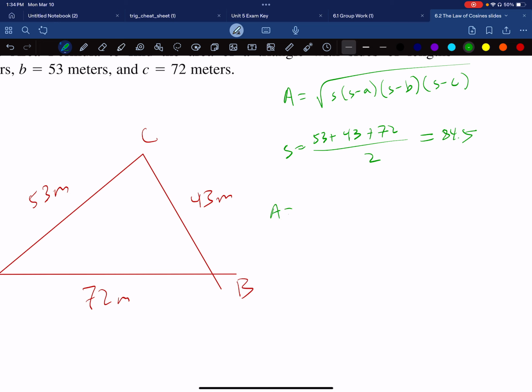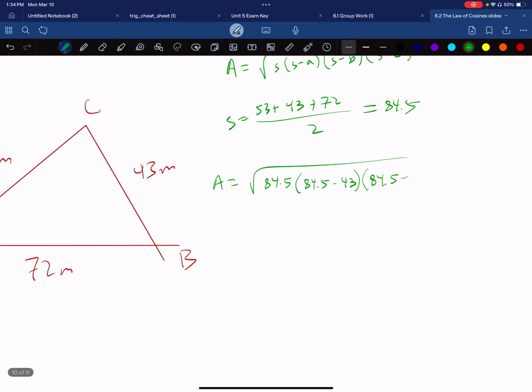All right, so my area is root 84.5 times 84.5 minus 43 times 84.5 minus 53 times 84.5 minus 73. I'm just going to pop it into the calculator like that.